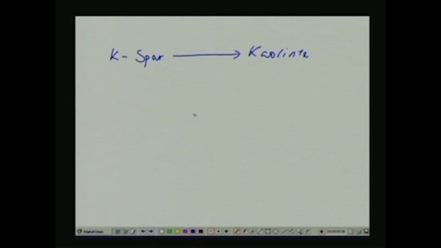We also looked at this equation when we were considering the answer of the second question in this question set. And then kaolinite may get leached, as I indicated before.